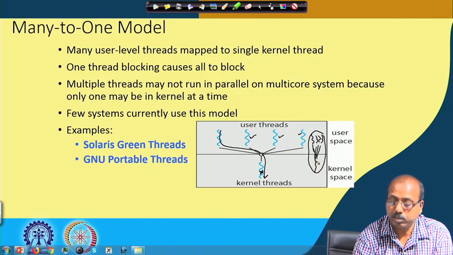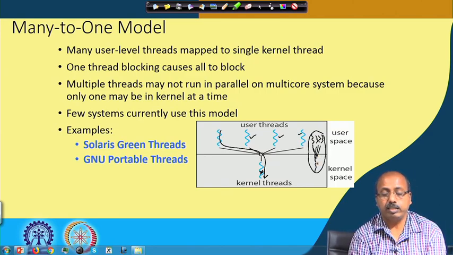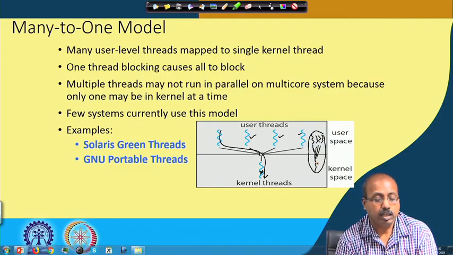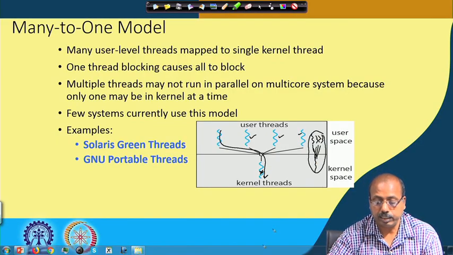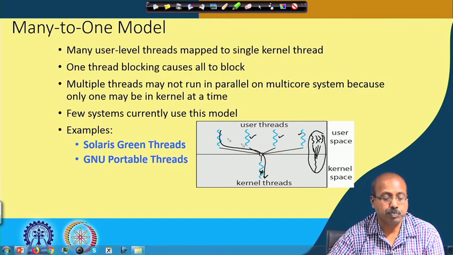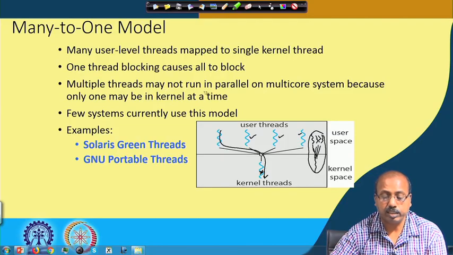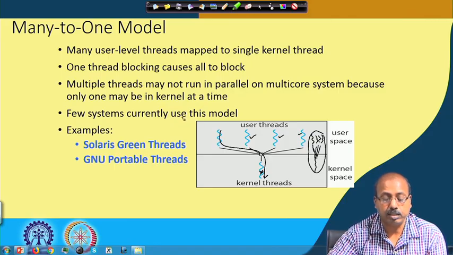So, in many to one, one thread blocking causes all to block. Also, multiple threads may not run in parallel on a multi-core system because only one may be in kernel mode at a time. This is another difficult situation.